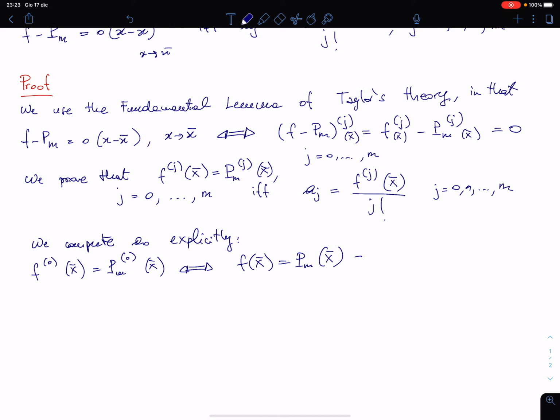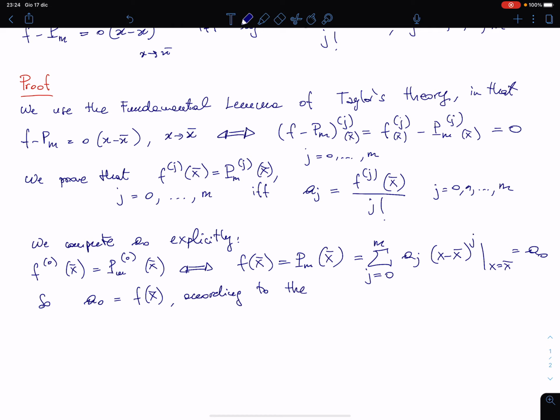But pm of x bar is equal to the sum for j going from 0 to m of aj (x minus x bar) to the power j evaluated at x equal to x bar, and this is equal to a0. So a0 must be f of x bar according to the theorem, because with j equal to 0 this is a0 equals f of x bar.